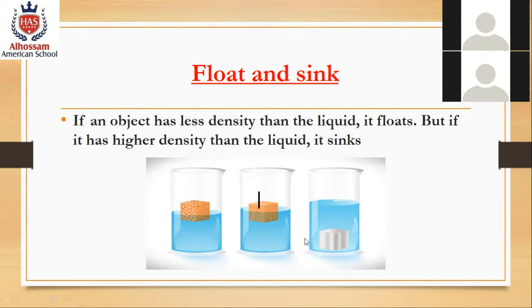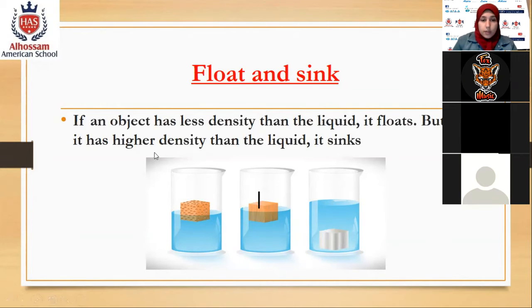Or I can tell you in other words. Listen to the answer, Saif. These two have less density than the water. So an object that has low density floats. High density always goes down, and low density goes up, right?